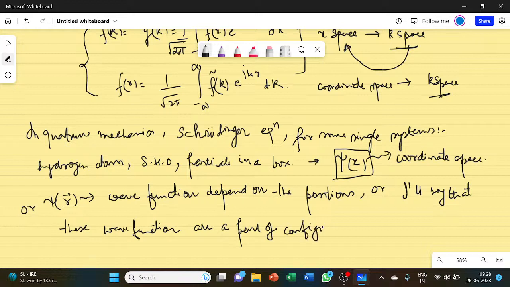This is at times referred to as configuration space or coordinate space.